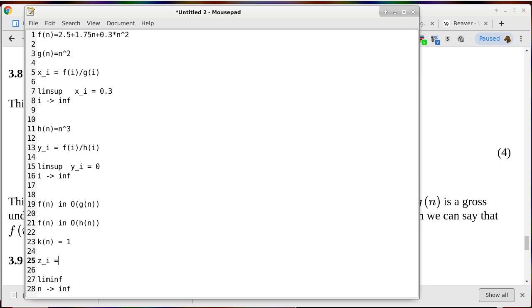So z of i is defined to be f of i divided by k of i in this case. So when we look at this series z of i, the limit inferior is going to be what? It's going to go to infinity. Does that make sense?